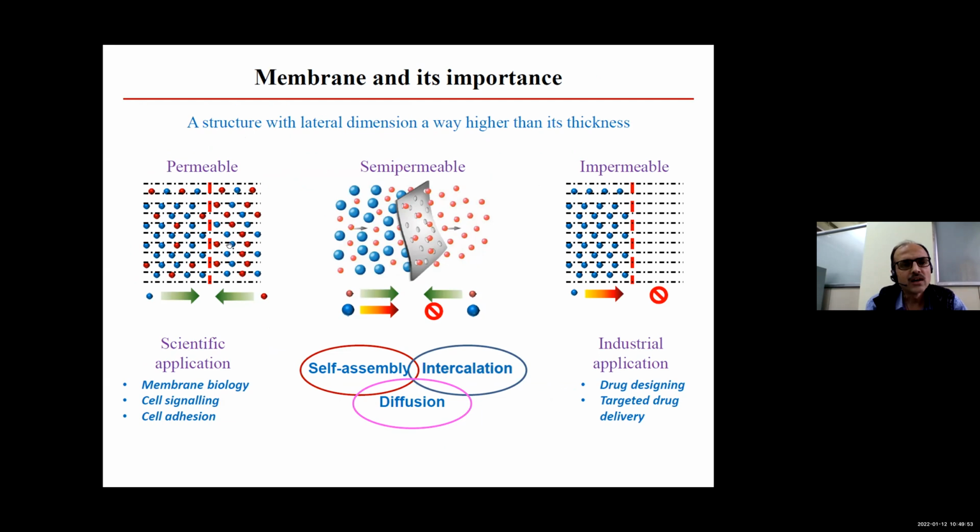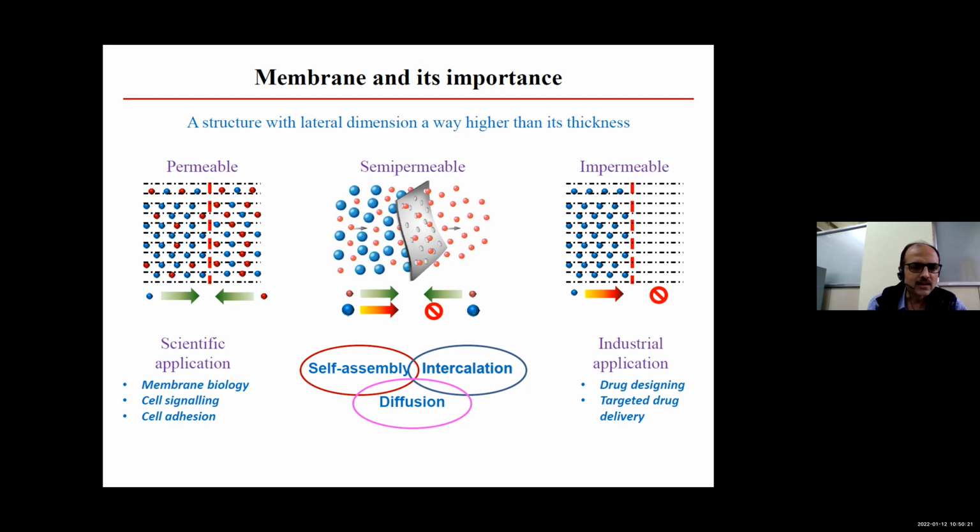So we can have a membrane where the molecules from one side of the liquid or some gel can move to the other easily, or we can have a semi-permeable membrane where you can restrict some molecules and allow other molecules to move to the other side. And then we have a completely impermeable membrane where you cannot have this.